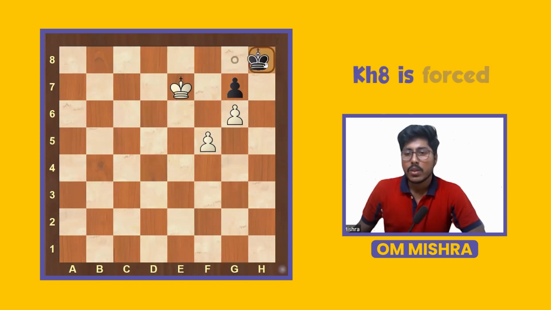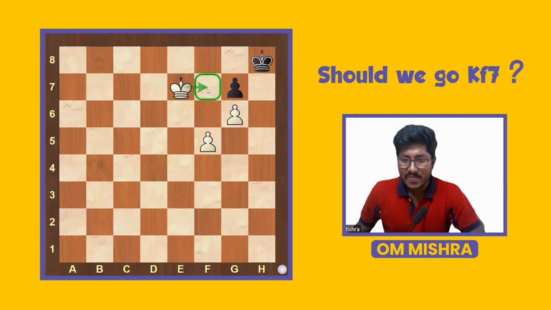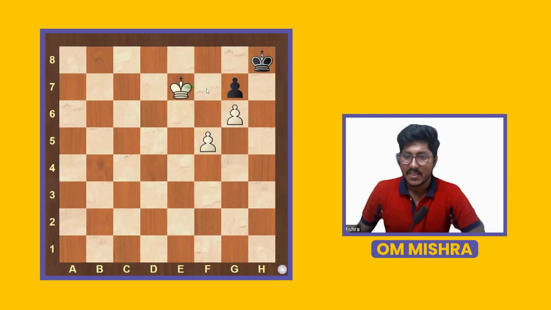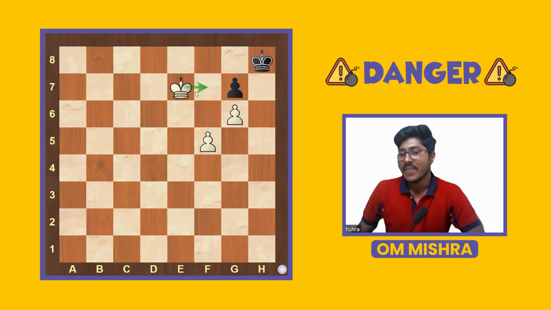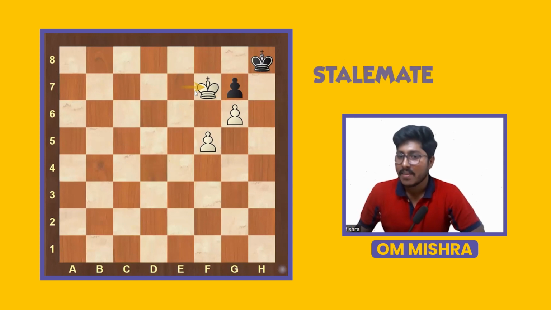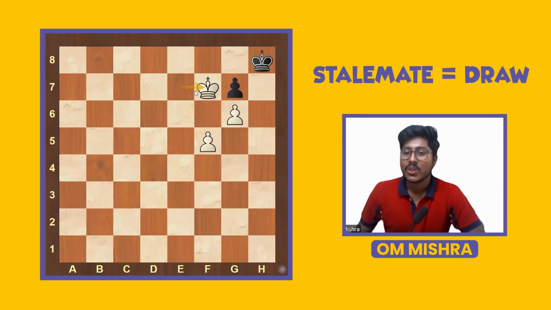When the king is going to h8, guys, shall we move this to f7? Will that be a good move? No, this is dangerous. Why? If we go here to f7, there will be a stalemate, and stalemate leads to a draw. But here we are supposed to win.